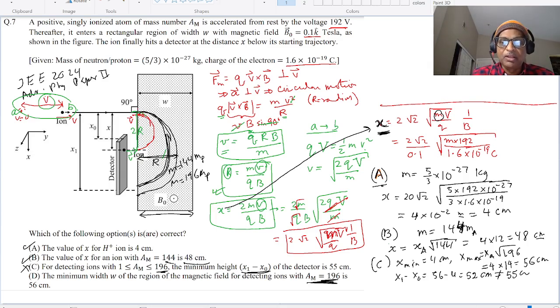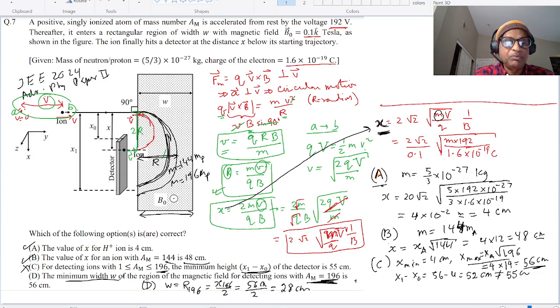So the w has to be the radius of the 196 case, which is x for the 196 case over 2, and x for the 196 case was 56 centimeter over 2, which is 28 centimeter.